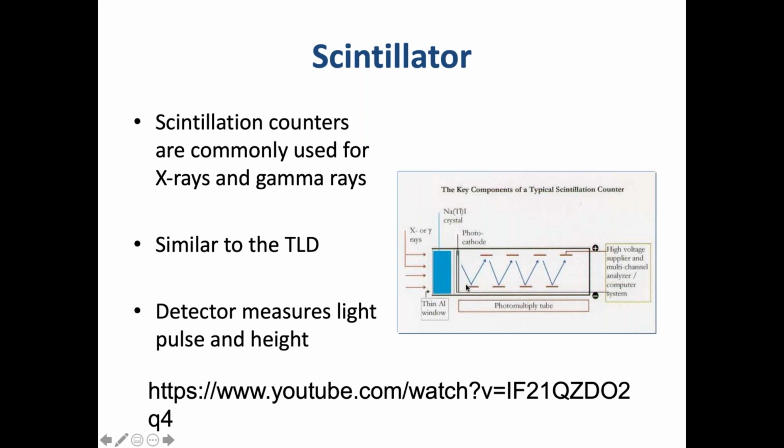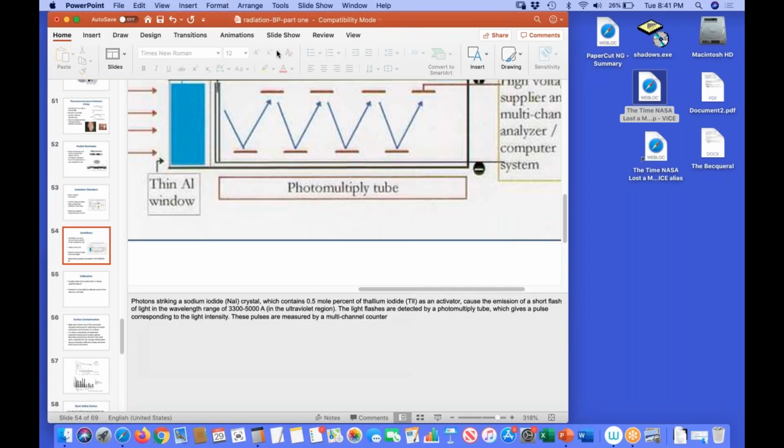That photon is then multiplied in a cascade inside the scintillation tube, so that a small amount of photons produced results in a large number of photons at the end of this tube that can be measured in terms of the intensity of light that's generated. The intensity of light is related to the amount of radiation exposure that you've had.